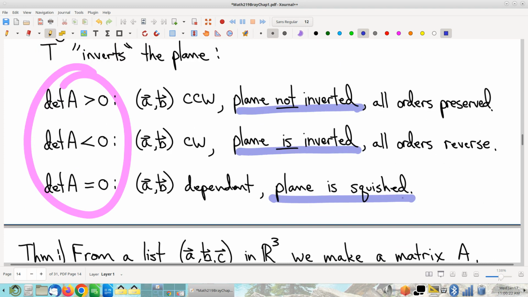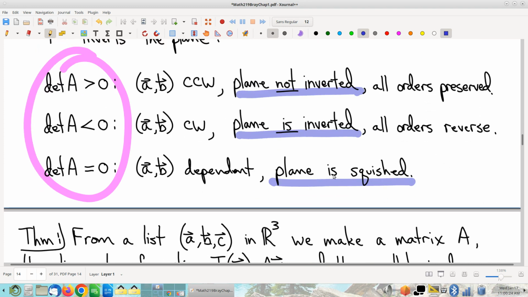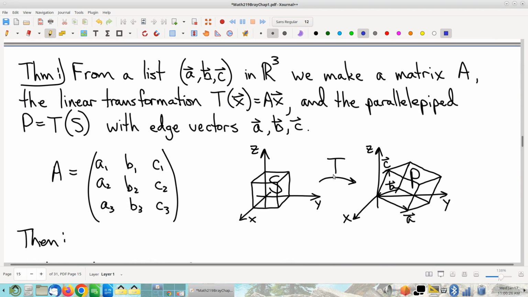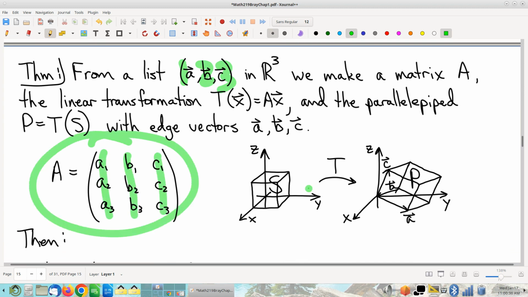So really shocking facts about vectors in the plane. Here's the three-dimensional version. I'm going to be real quick with this because 1, 2, 3 vectors in a list, columns 1, 2, 3, matrix, linear transformation, and then of course you can make this thing that's analogous to a parallelogram, called a parallelepiped.